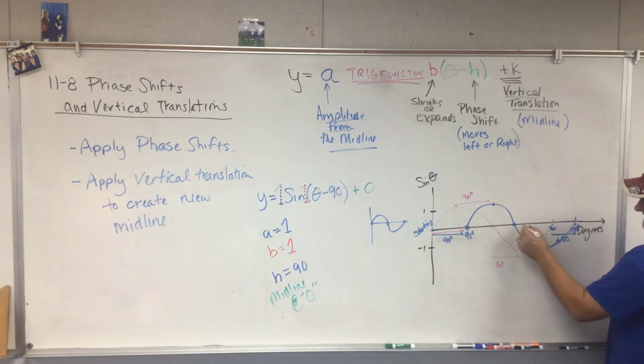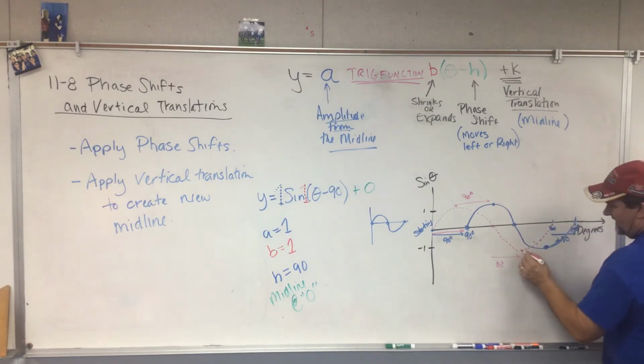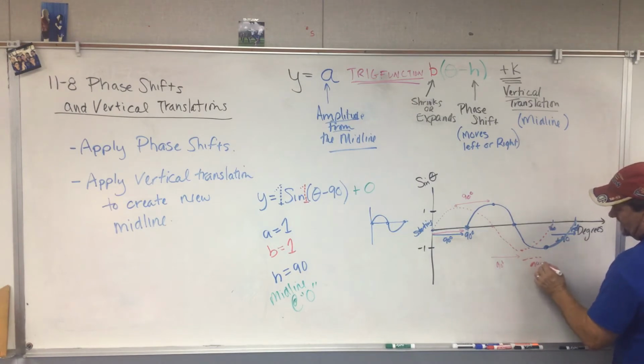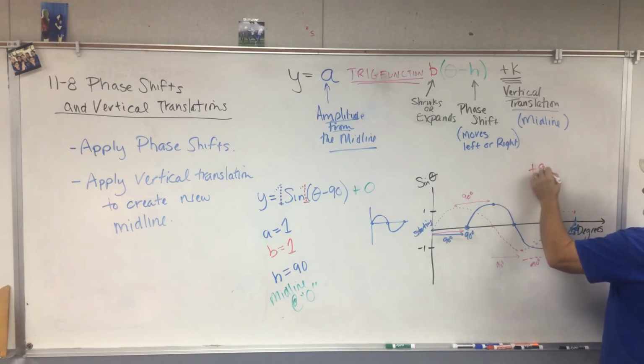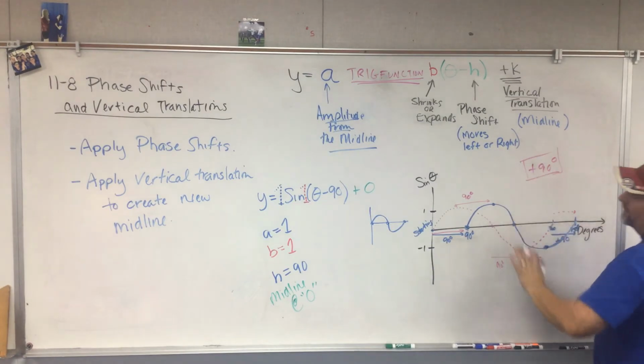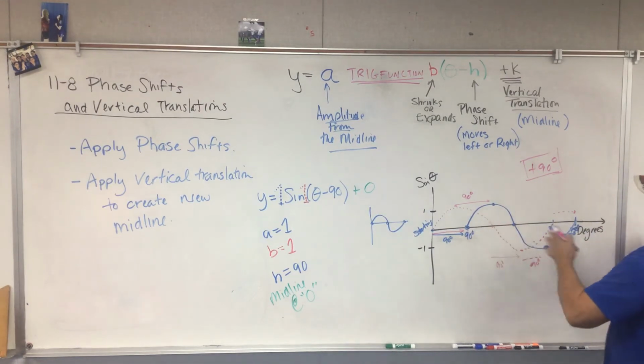The point that was here moved 90 degrees. So everything was moving 90 degrees. This point here moved 90 degrees. The final point, 360, moved 90 degrees. So you could add 90 degrees to all the points when it's a phase shift, depending on what phase shift you're working with. All we're doing is moving this graph left and right with a phase shift.